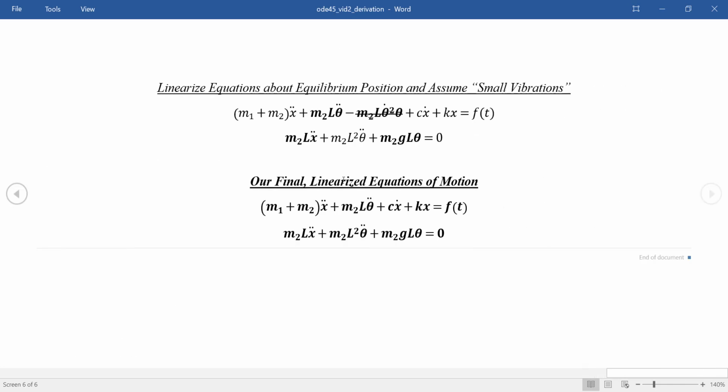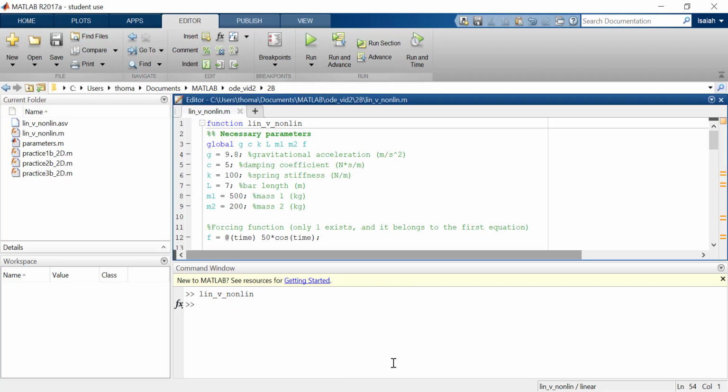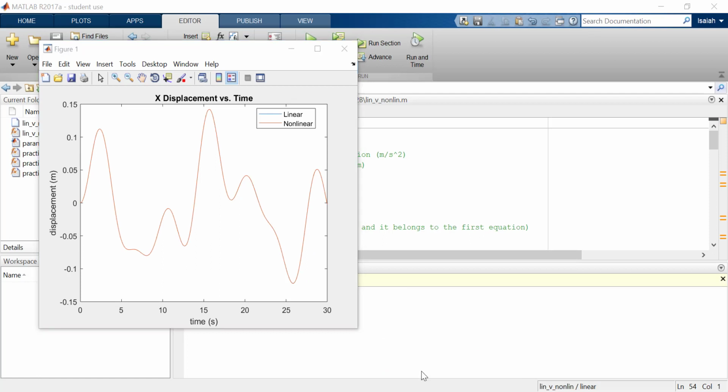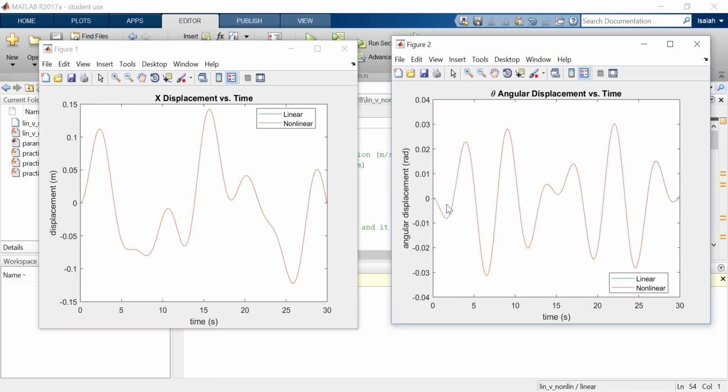We assumed that theta was really small, right? We have these small vibrations, and so when we're linearizing about our equilibrium positions, that allows for simplifications of cosine theta and sine theta and crossing out certain terms that are not significant. And we see that, indeed, the two solutions look very similar.